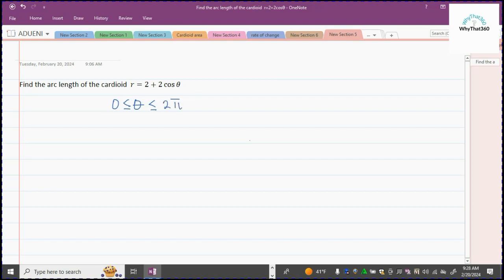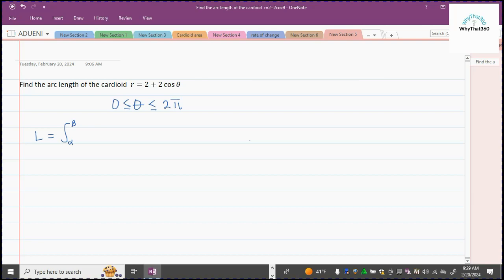Okay, so once we know the interval, then we can go ahead and say the arc length, which is L, is equal to the integral from the lower limit up to the upper limit. We are using alpha and beta for the lower and upper limit respectively.